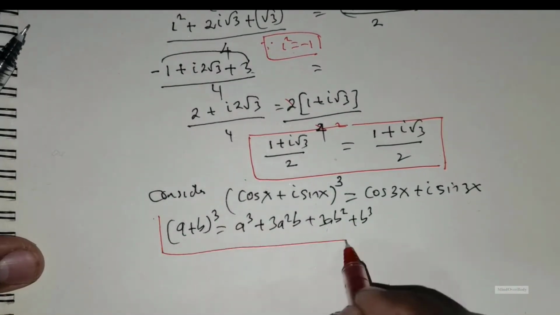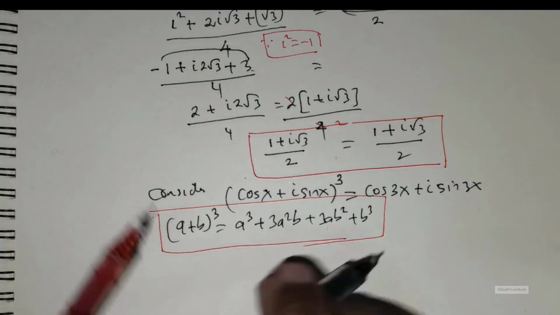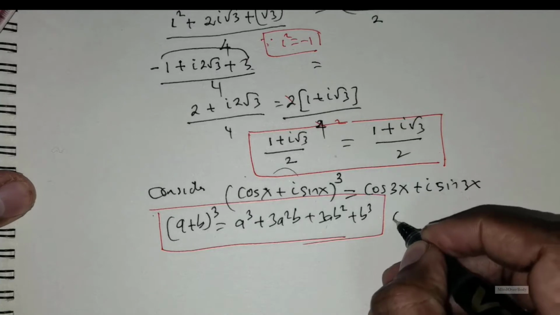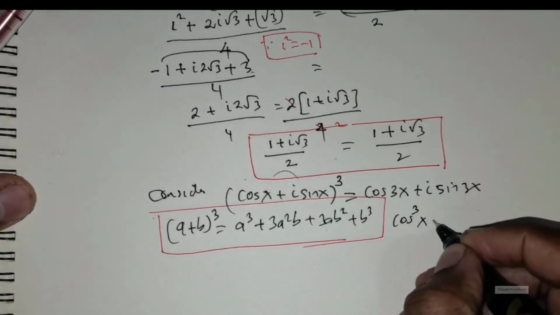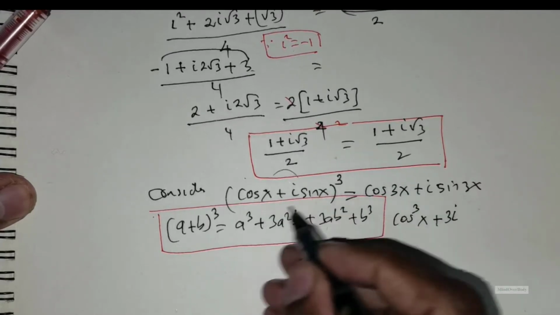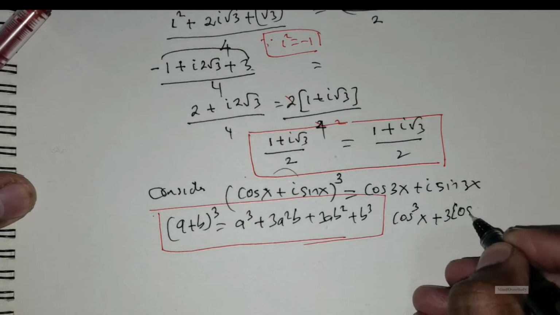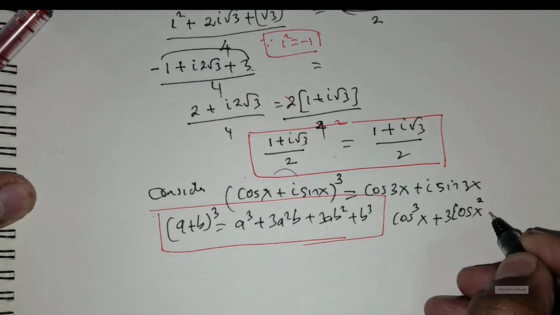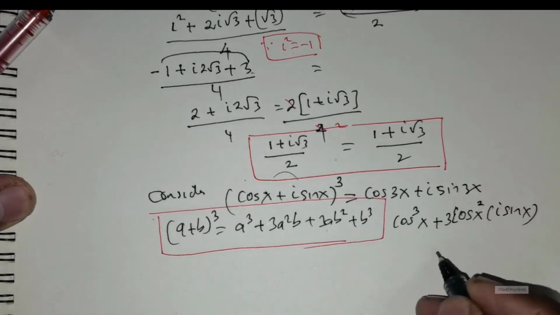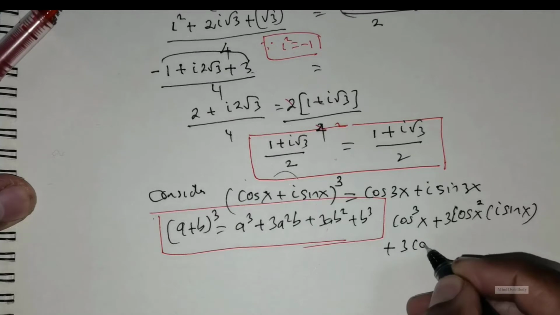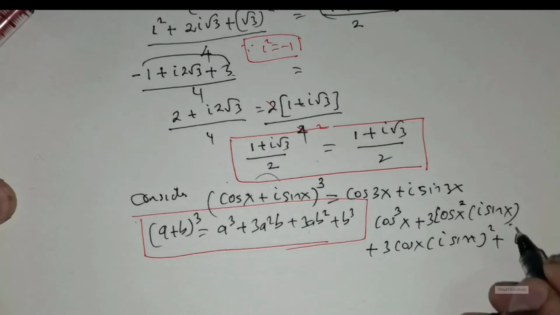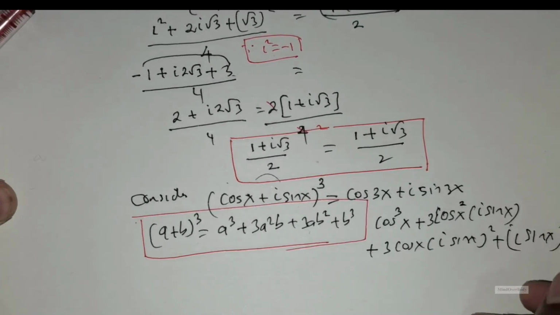Now using this formula, (cos x + i sin x) to the power of 3 can be rewritten as cos cubed x + 3 times cos squared x times i sin x + 3 times cos x times (i sin x) raised to the power 2 + (i sin x) raised to the power 3.